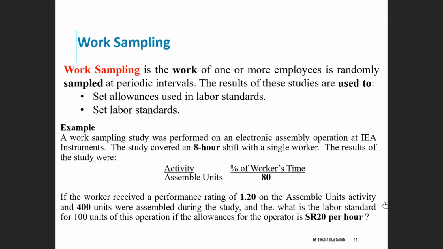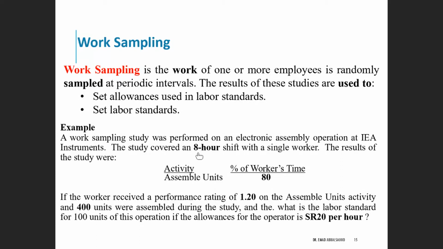We find it by dividing the total time, and let's convert it to minutes instead of hours here, so we can deal with minutes and avoid fractions later when we come to the cost. So total minutes divided by the number of units assembled.